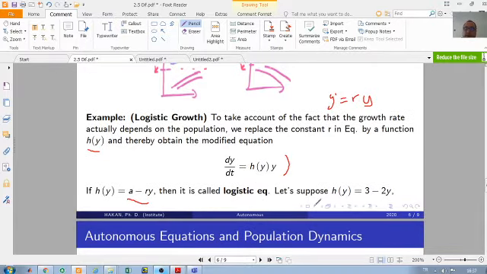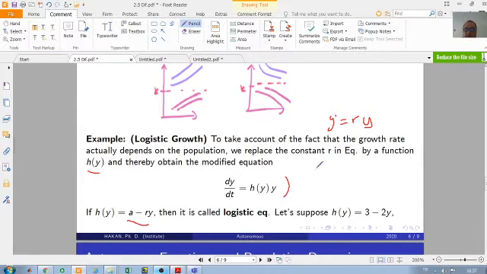For example, let's say h of y is equal to 3 minus 2 times y. Namely, the modified equation becomes dy over dt equals 3 minus 2 times y, times y. The proportionality factor is a linear function of y, 3 minus 2 times y. This is an example of logistic growth of the population, and this is a differential equation.